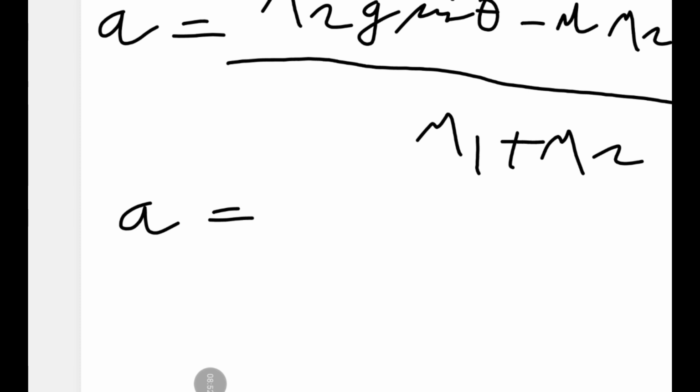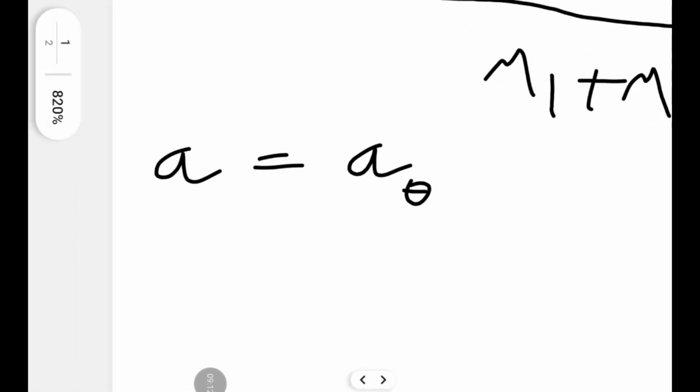For now we'll just call the acceleration of the whole system a of theta. It's a function of theta. That's what we'll call the system. Acceleration is a function of theta.